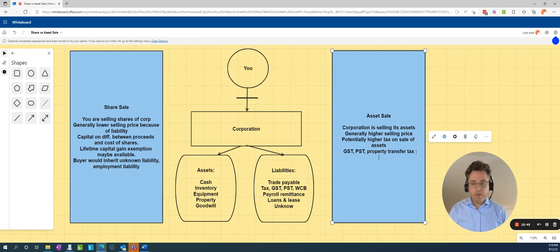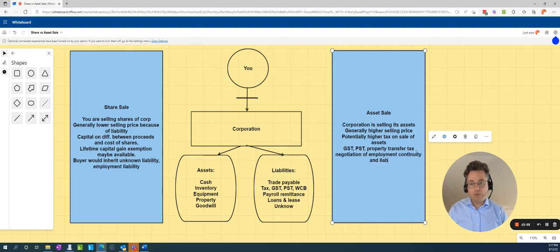This might be one of the places where there's more negotiation about employment and liability taken on by the buyer. Generally, on an asset sale, that would be part of the negotiation, but usually the buyer would offer a new contract to all your employees, and whether they would take on vacation pay might be something they put forward.